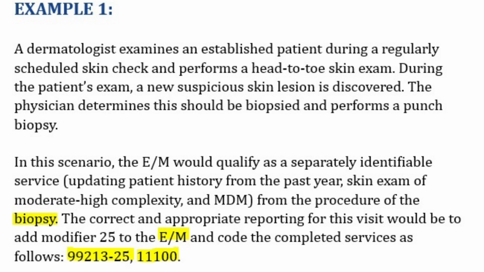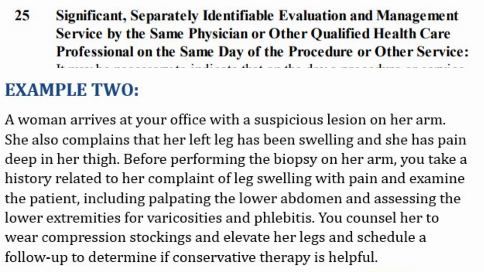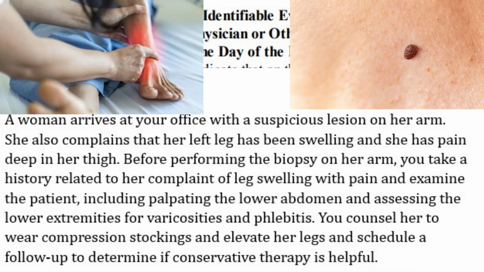We will see example 2. A woman arrives at the office with a suspicious lesion on her arm. She also complains that her left leg has been swelling and she has pain deep in her thigh. Before performing the biopsy on her arm, the doctor takes history related to her complaint of leg swelling with pain and examines the patient, including palpating the lower abdomen and assessing the lower extremities for varicosities and phlebitis.